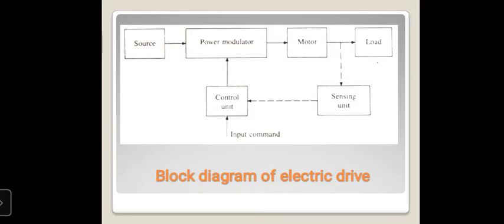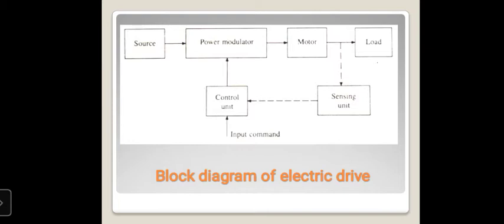What is a power modulator? The power modulator controls or modulates the source signal to the motor so that the motor can easily accept that signal. Also, the function of the power modulator may be a converter.